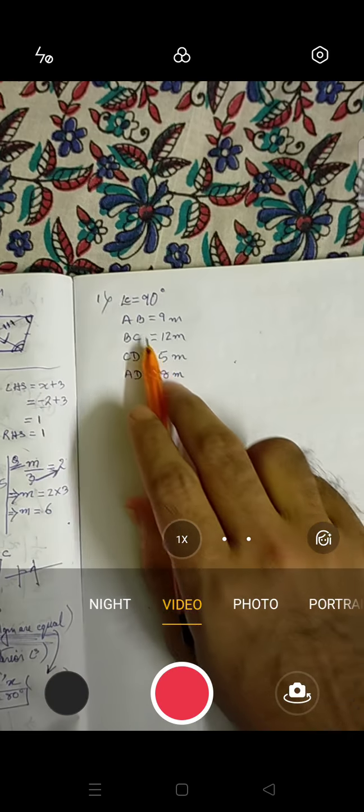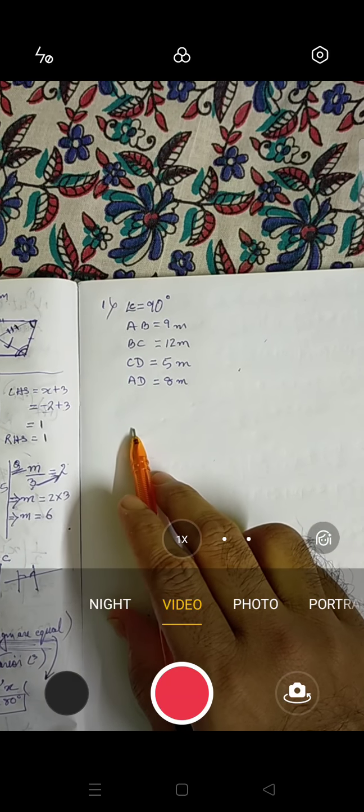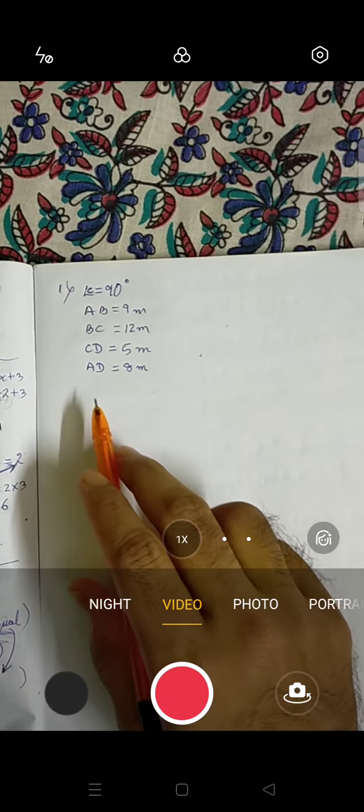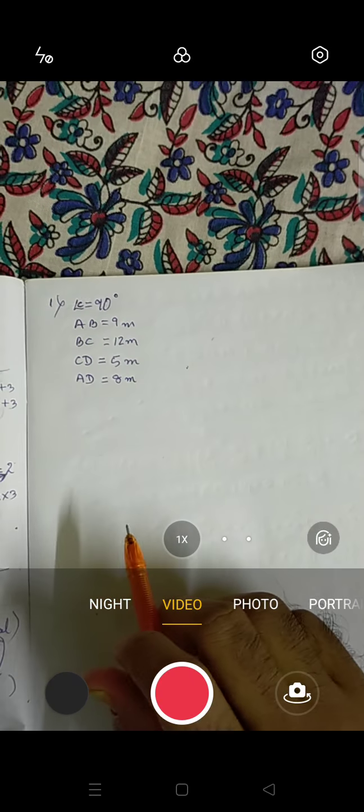So these are the information given in the question. How much area does it occupy? That means what will be the area of this quadrilateral park?